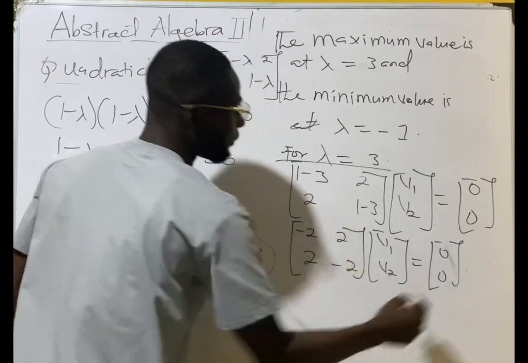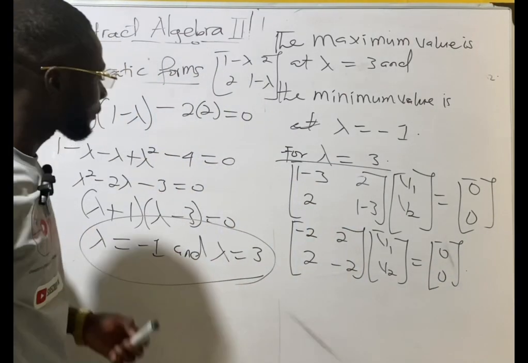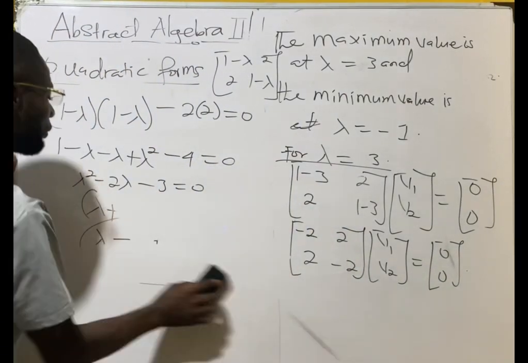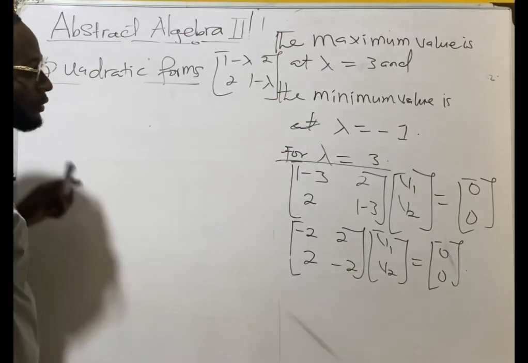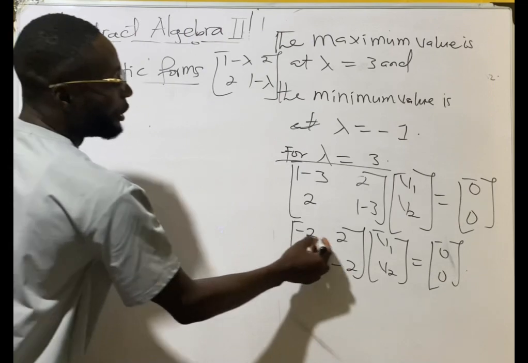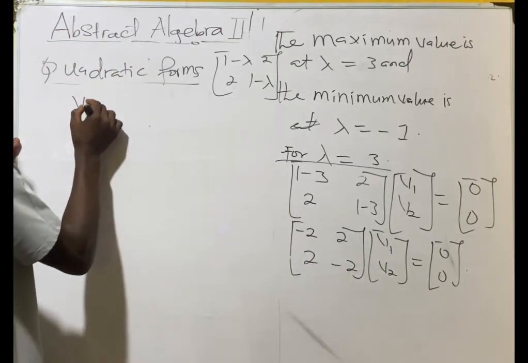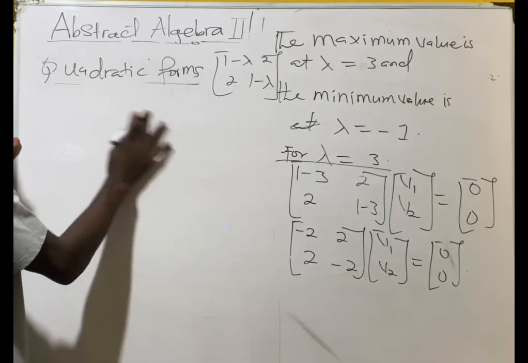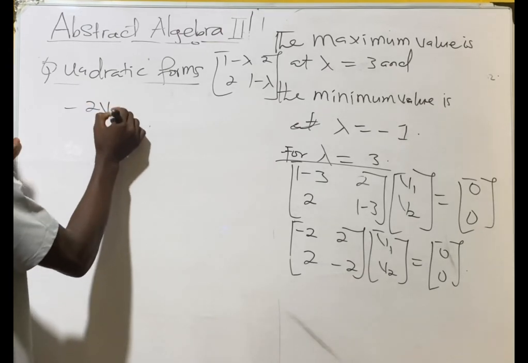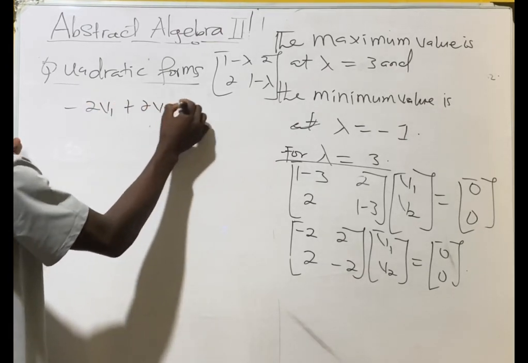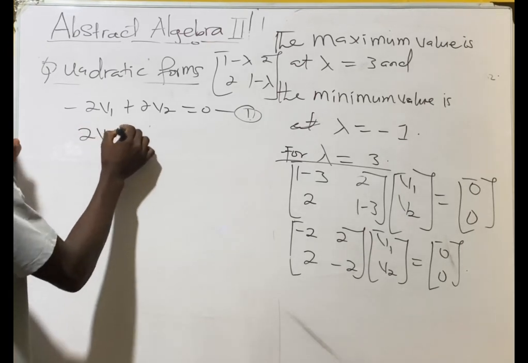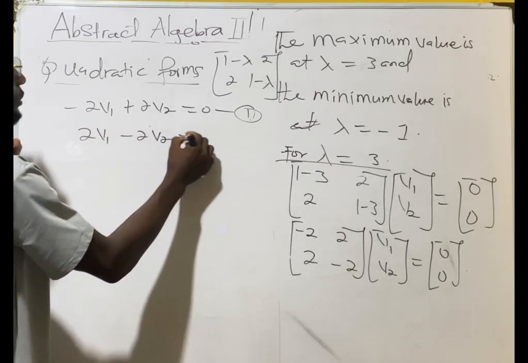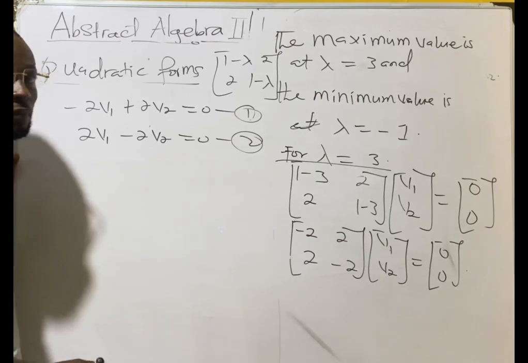Now we want to know V1 and V2, so we form equations: -2V1 plus 2V2 equals 0, that is equation 1, and 2V1 minus 2V2 equals 0, that is equation 2.